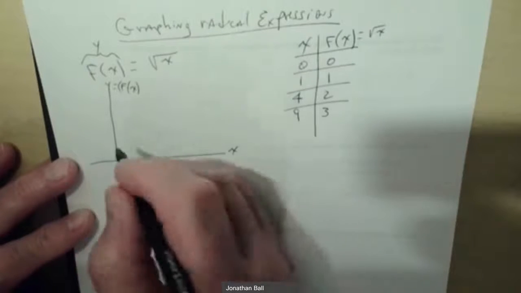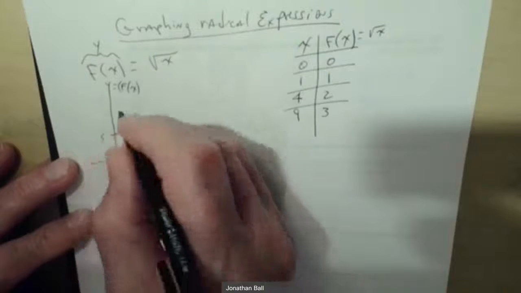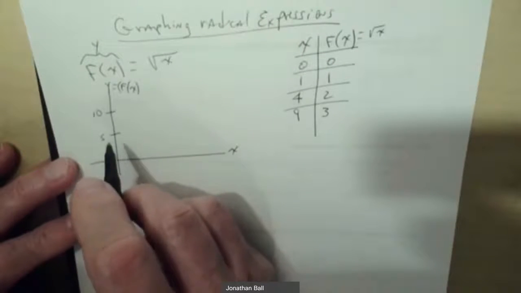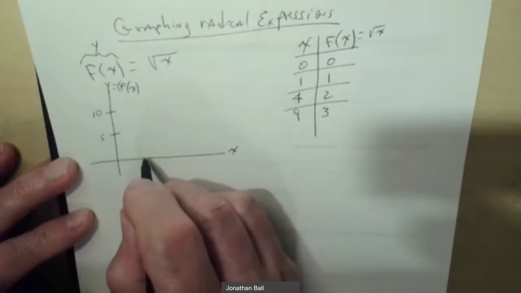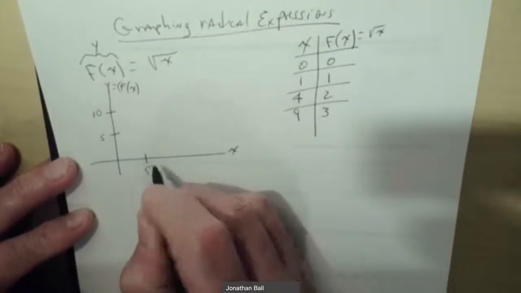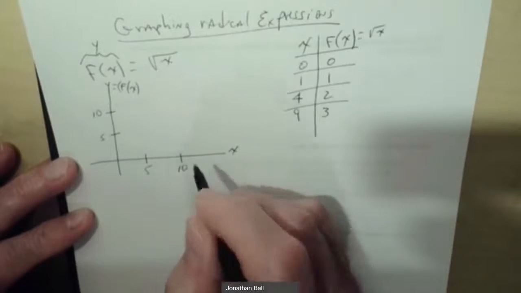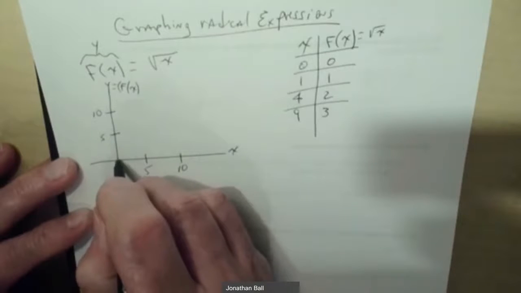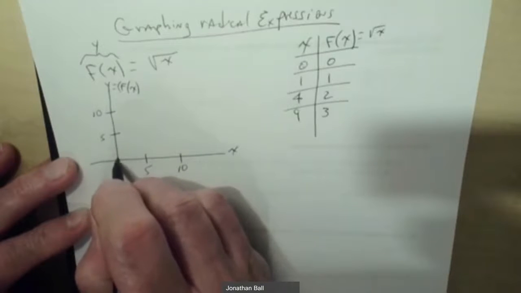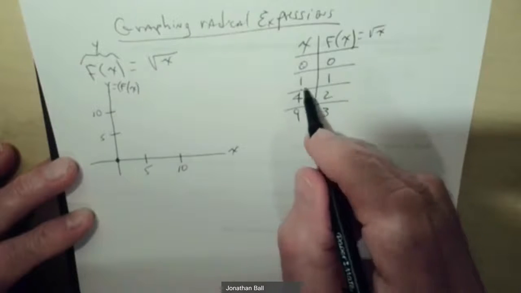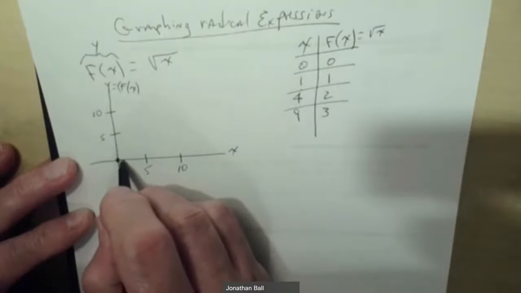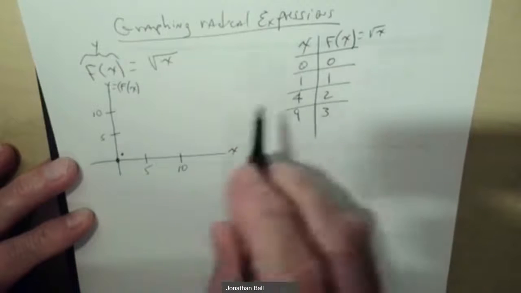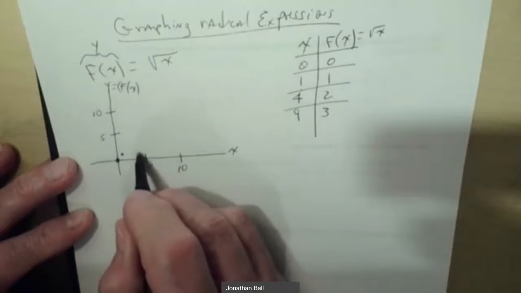So if this is like 5, and this is 10, and then we have x is 5 and 10. When x is 0, y is 0. So we have this point right here, 0, 0, 1, 1, to the right 1, and up 1. 4 and 2, 4, and 1, 2.